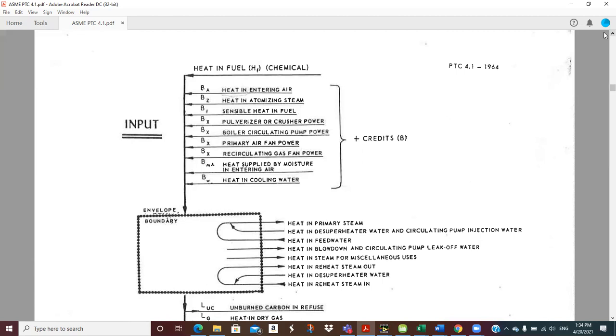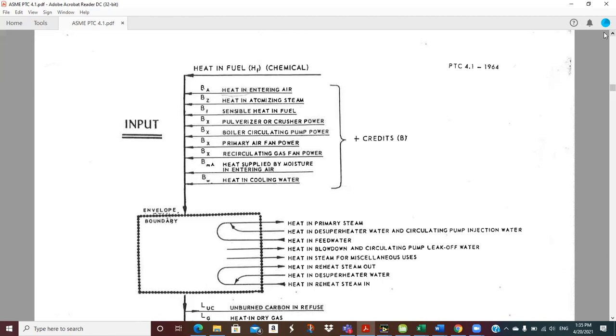But then anytime we have energy entering that control volume, that's deemed a credit. And so we can calculate all of these little credits to do our basically first law energy balance correctly. So there's heat in the entering air. There is some energy content in the air that comes into that envelope, that boundary you see below.